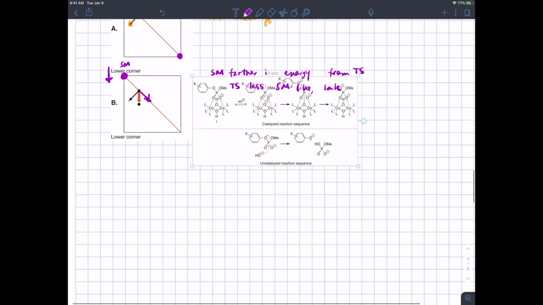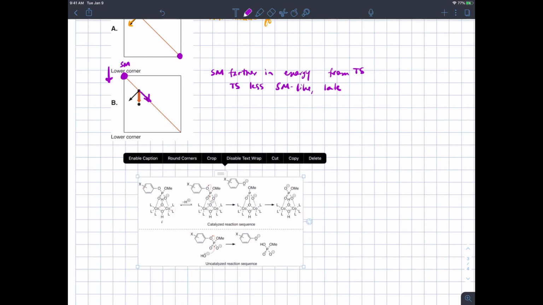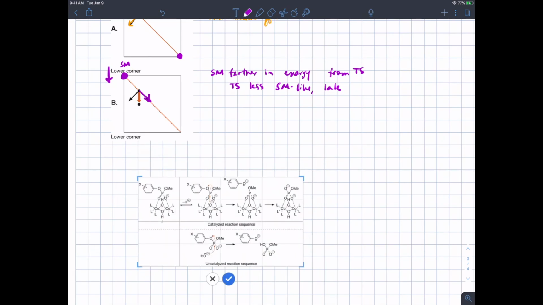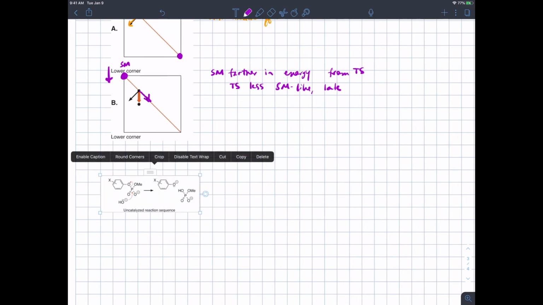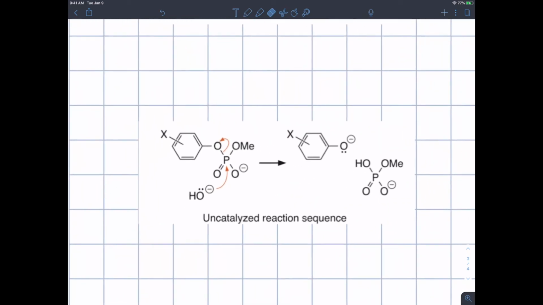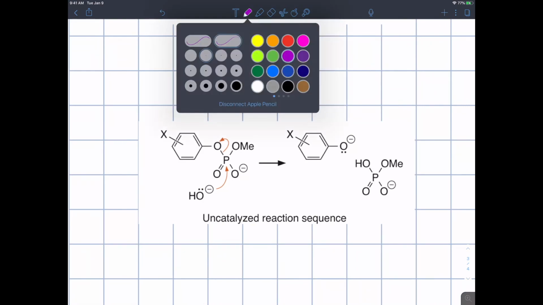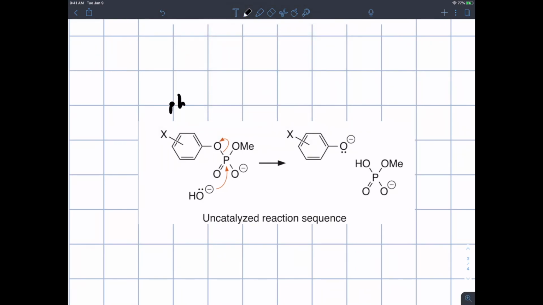I'm going to crop this so we're only worried about the right stuff at the right time. This image is showing you a proposed mechanism for phosphoester hydrolysis. All right, here is a phosphoester.